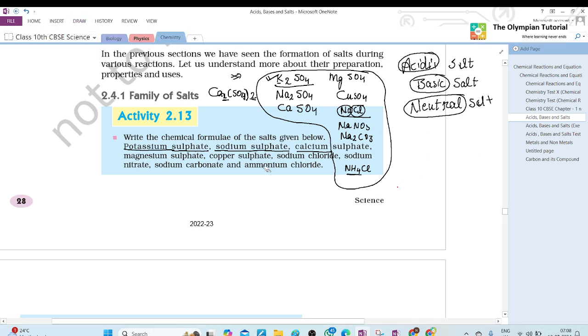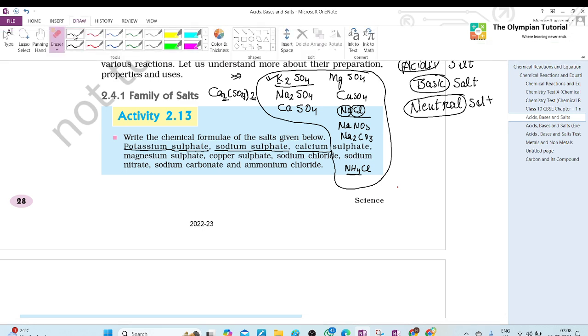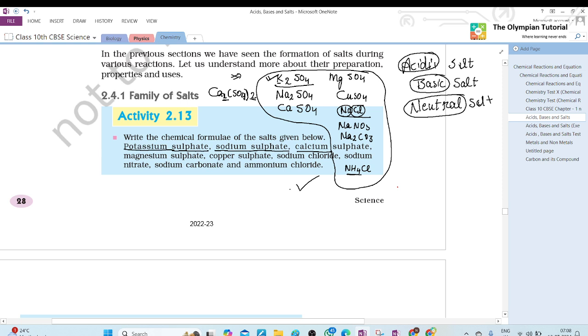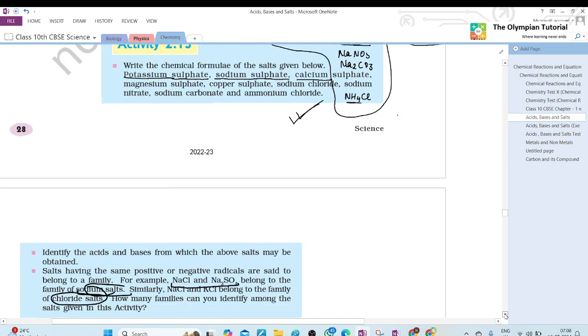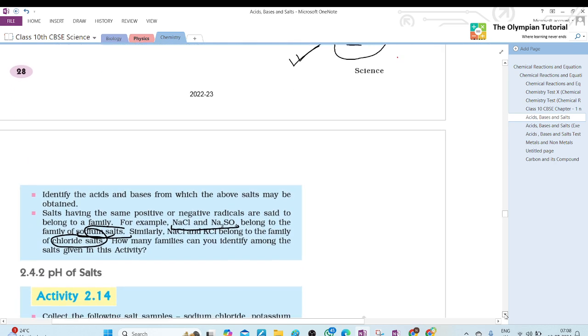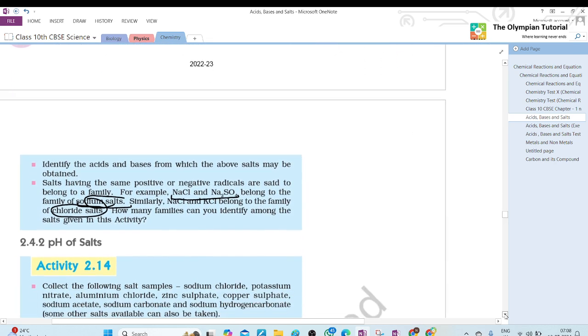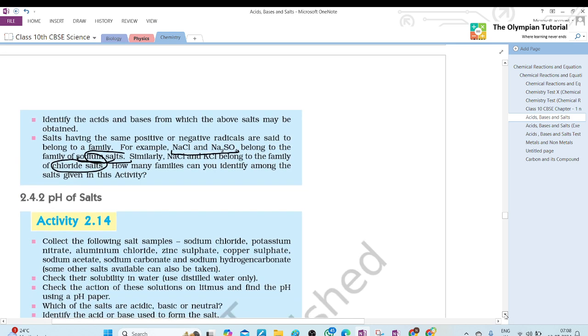Ma'am, activity 2.3, we have written all the formulas. Have you written or not? On last run we have written all these formulas. Okay, students, you have to write down all these formulas. Please confirm, have you written these formulas or not?